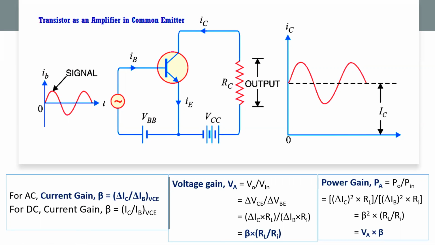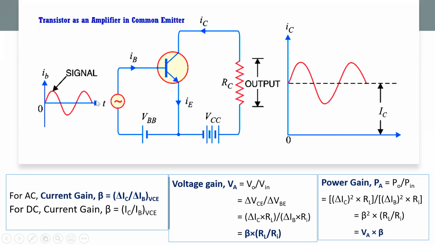IC is more. We said that the emitter current, if we consider it as 100%, 95% goes as the collector current and only 5% goes as the base current. So IB is very much less than IC.